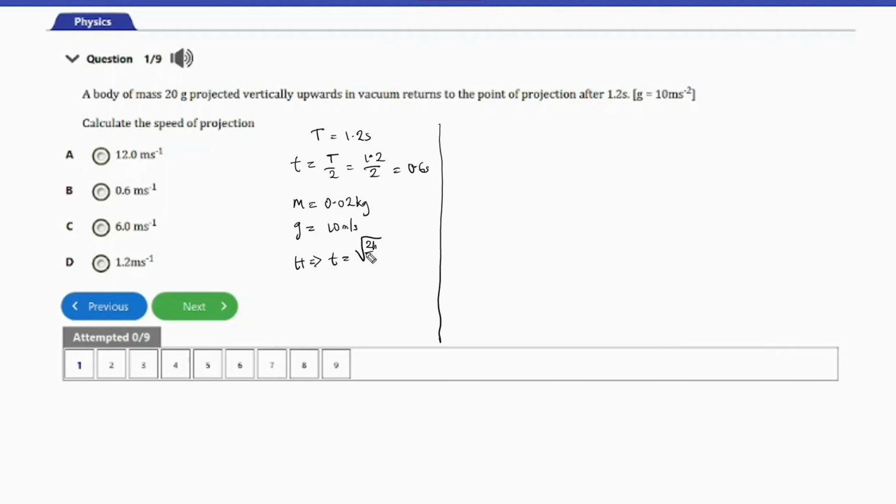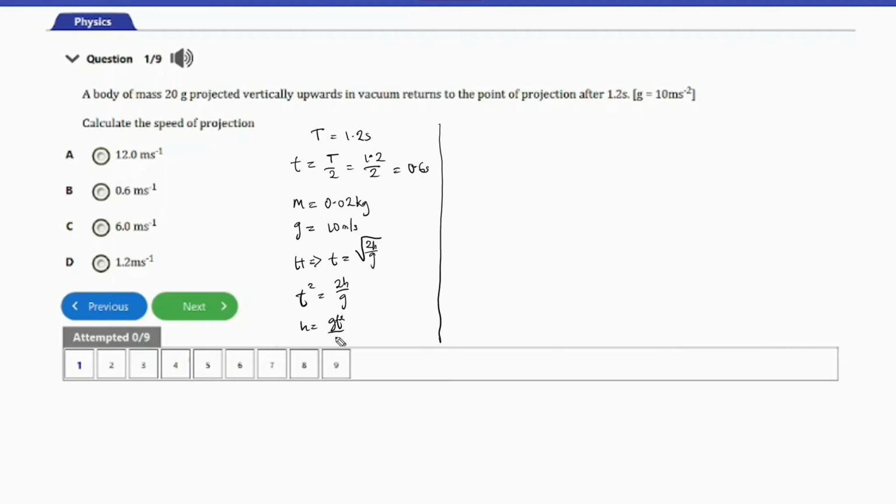If we square both sides, we have t squared is equal to 2h over g, and if we make h the subject of this equation, h is equal to gt squared over 2.